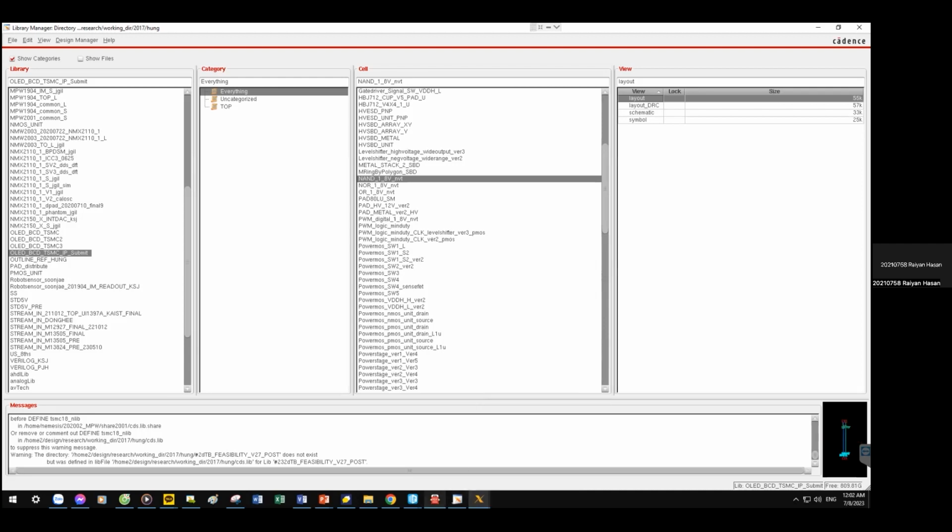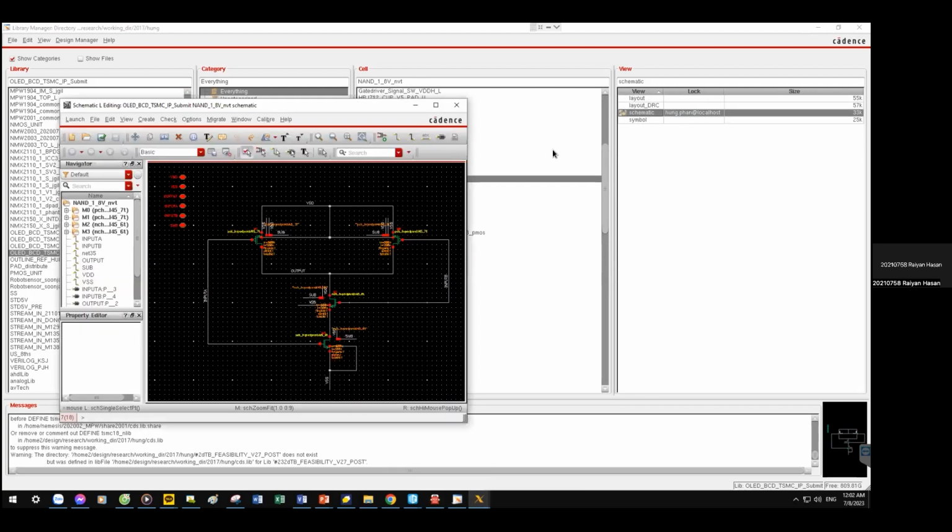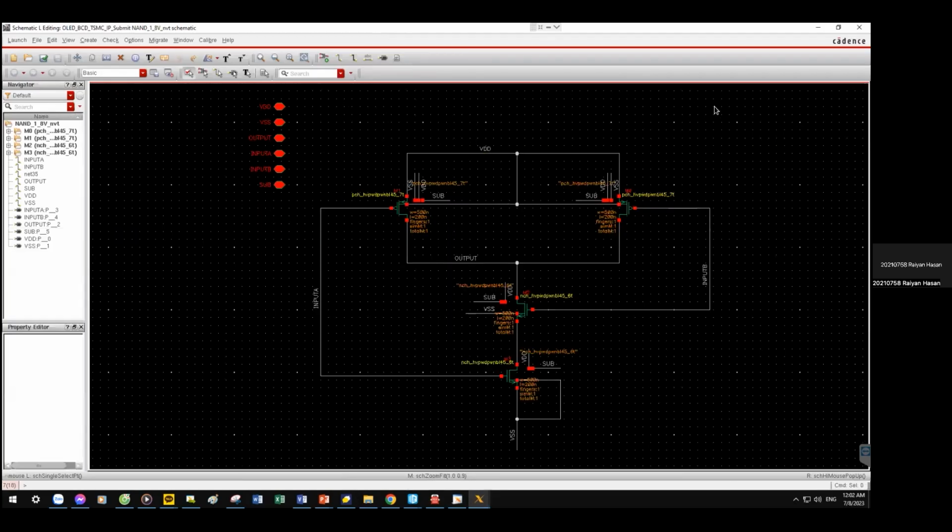We don't have, for example, this guy in our lab, he doesn't have a 2 volt library, so he has to make it by himself. For example, a NAND gate, he has to make by himself like this.